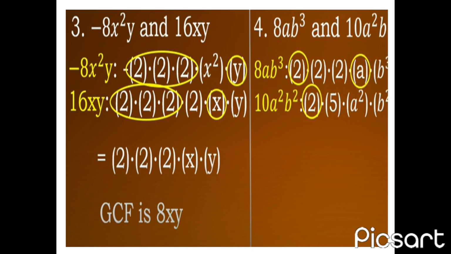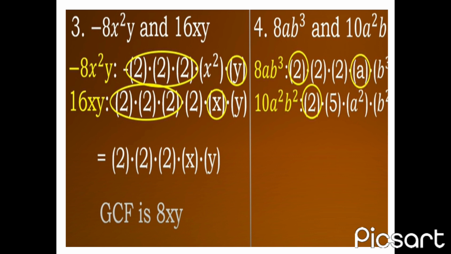For number 4, we have 8ab cubed and 10a squared b squared. For 8ab cubed, we have 2 times 2 is 4, times 2 is 8, and the variable a. Then we have b cubed, or b times b times b.